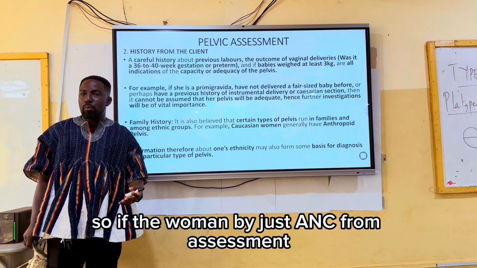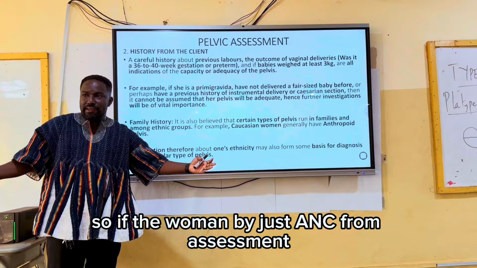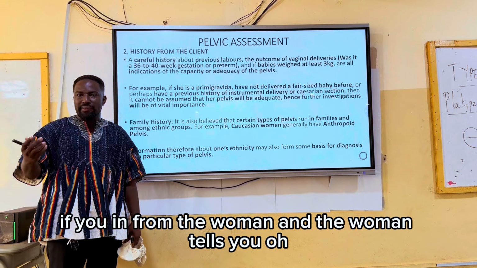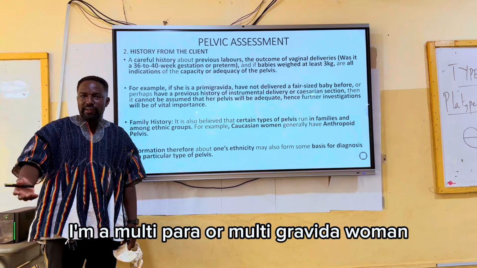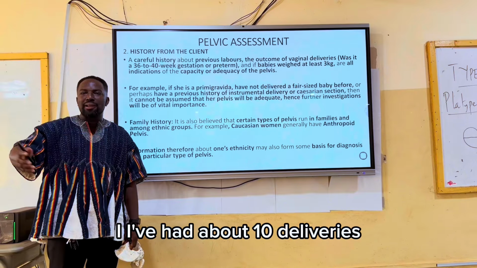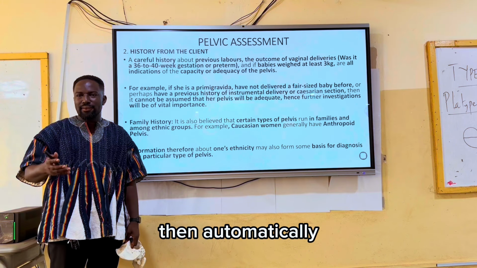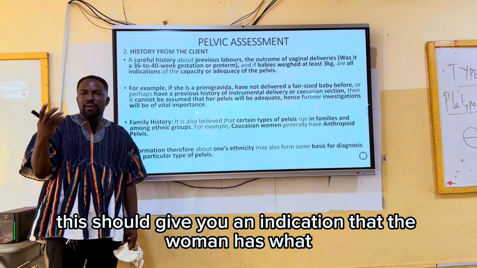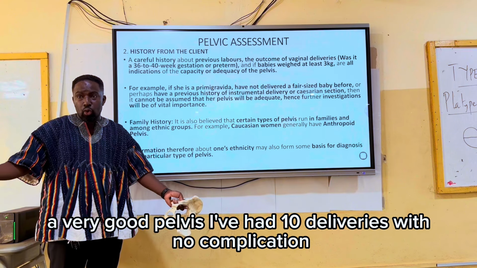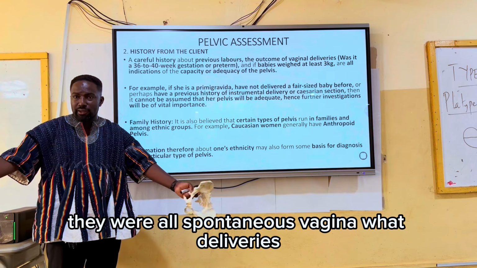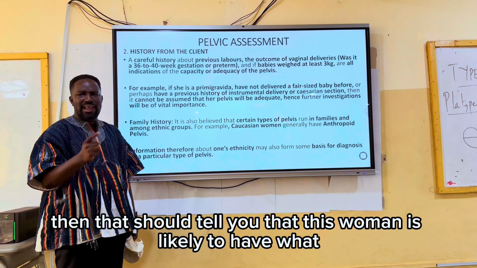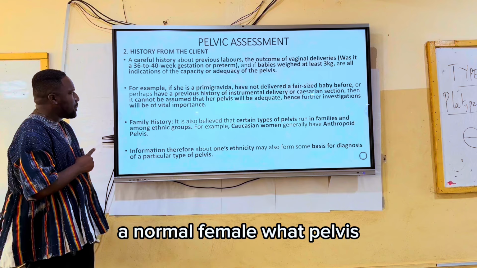So if, by just ANC assessment, you inquire from the woman and the woman tells you, oh, I'm a multipara or multigravida woman, I've had about 10 deliveries, then automatically this should give you an indication that the woman has what? A very good pelvis. I've had 10 deliveries with no complication. They were all spontaneous vaginal deliveries. Then that should tell you that this woman is likely to have what? A normal female pelvis.